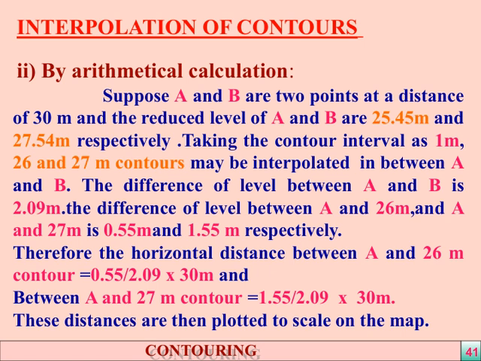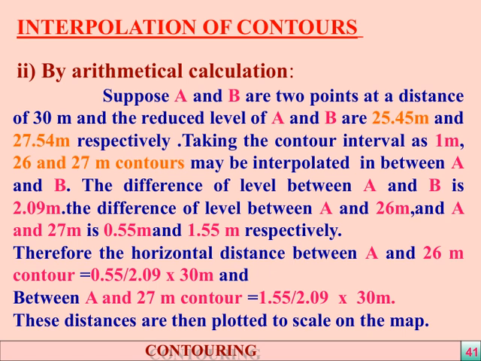Now, the difference in level between A and B is 2.09 meters. The difference in level between point A and the 26-meter contour is 0.55 meters, and between A and the 27-meter contour, it's 1.55 meters.